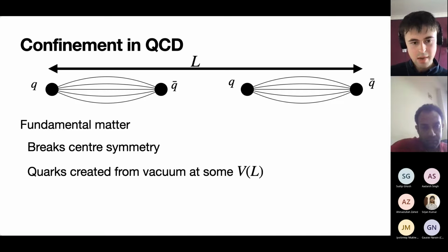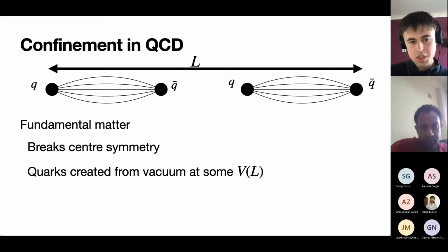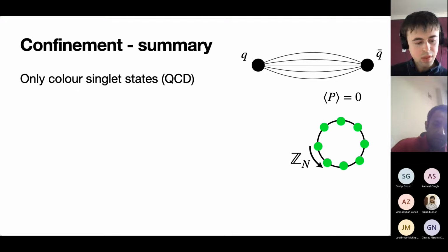And this means that neither the Wilson loop nor the Polyakov loop characterizations of confinement work in QCD. But they're very useful in pure Yang-Mills, and confinement seems to be driven by the action of the gauge fields. This is why it's worth looking at pure Yang-Mills. So to summarize, confinement can always be characterized by the absence of single quarks, and this works in QCD.